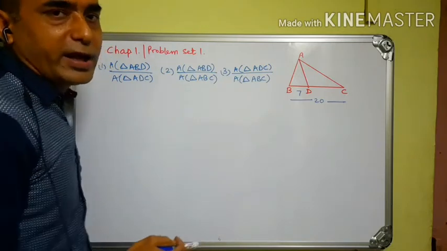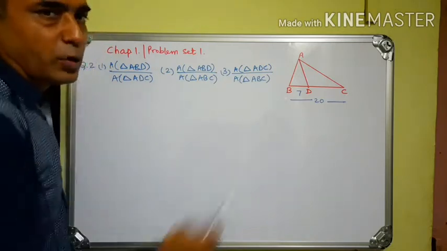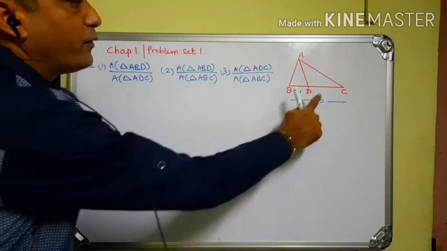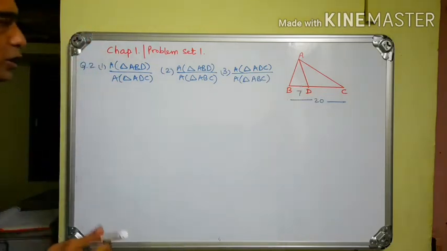Therefore the areas will be proportional to their corresponding bases. So first we will find DC and then we will solve it.